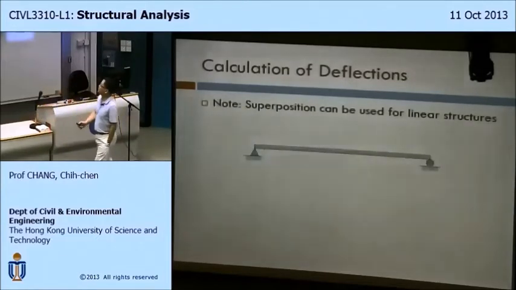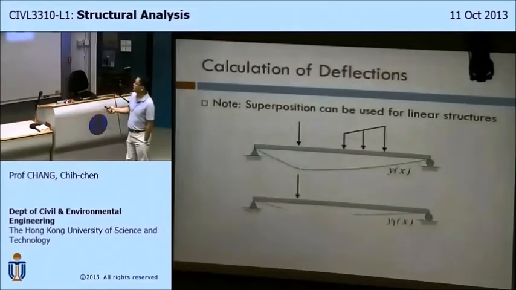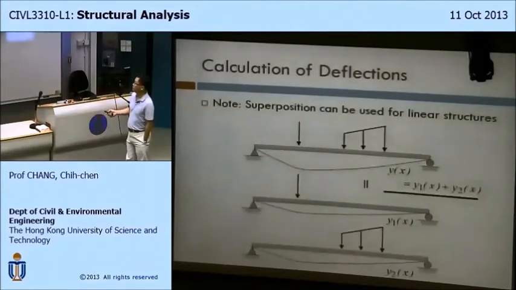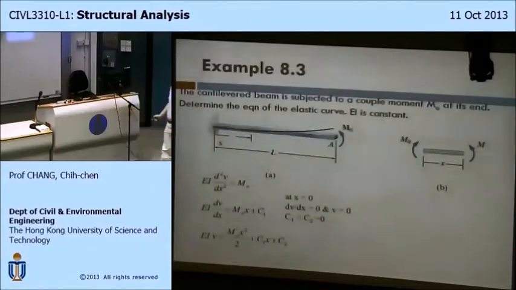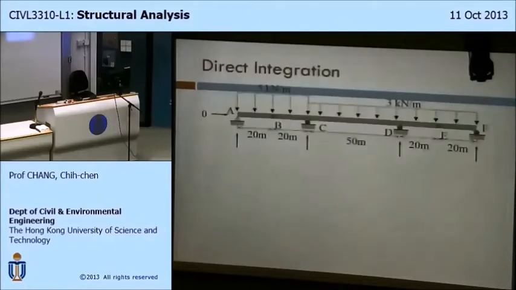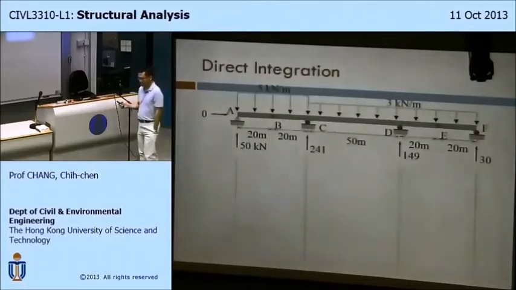Okay, so let's skip the direct integration. We don't have to hit on that because it's quite limited. So let's look at the moment area methods.